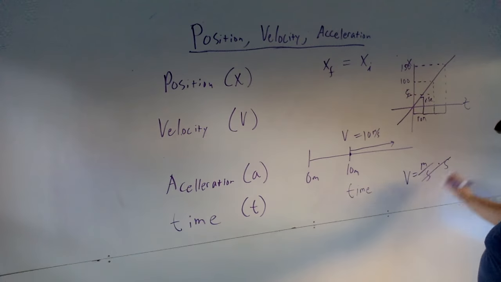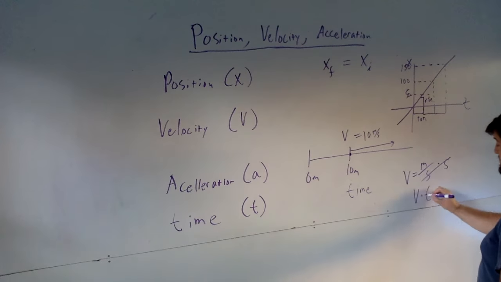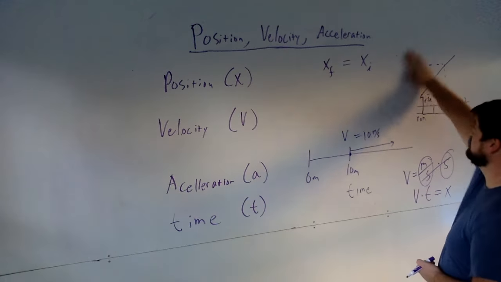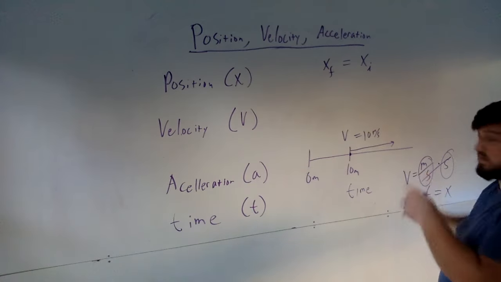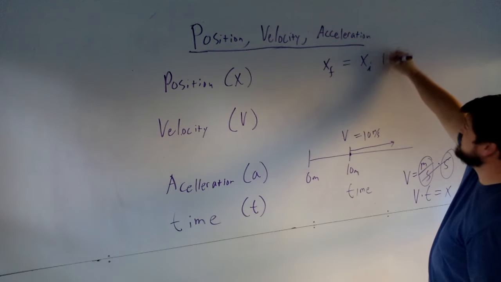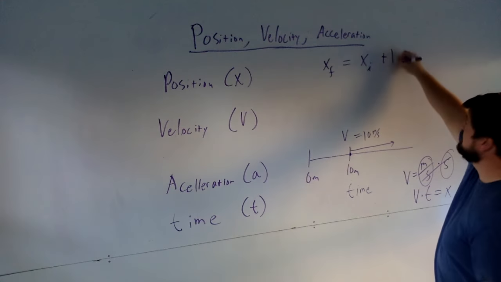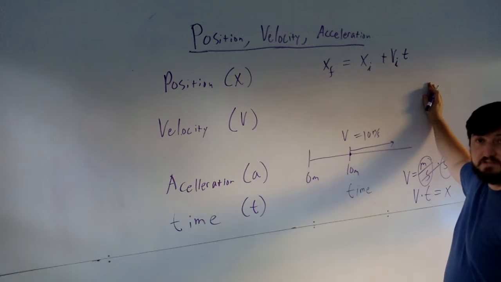So to get velocity into a position, I've got to take my velocity unit times my time unit, which will give me a position. Velocity times time will give you your position. So that means there's more to this final position equation. Okay, it's not just where I start, but it's also if I have a speed. So whatever position I start out with, if I also have a velocity, I have to factor that in, how fast I'm going at the beginning, and how much time has passed.